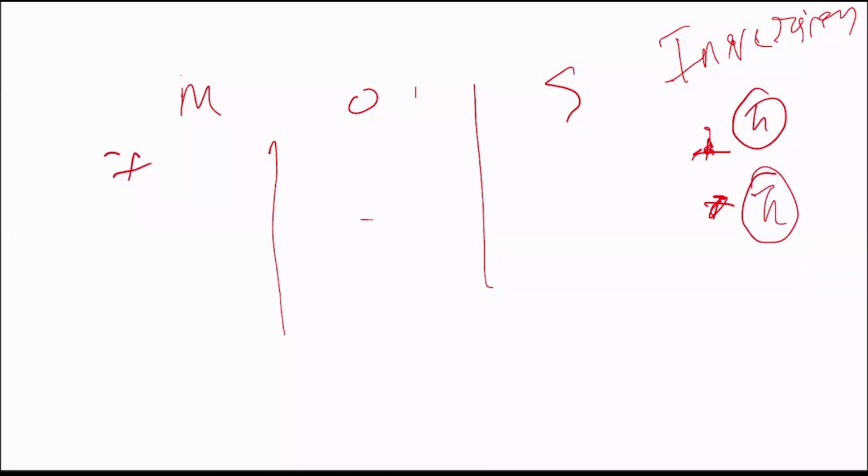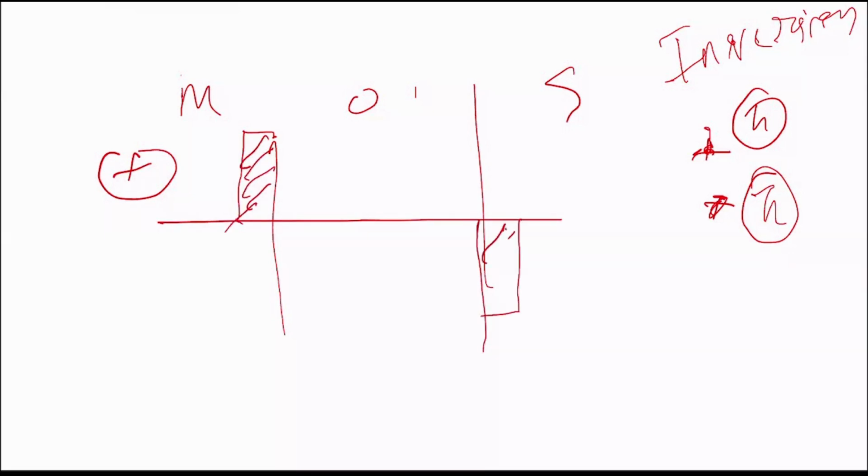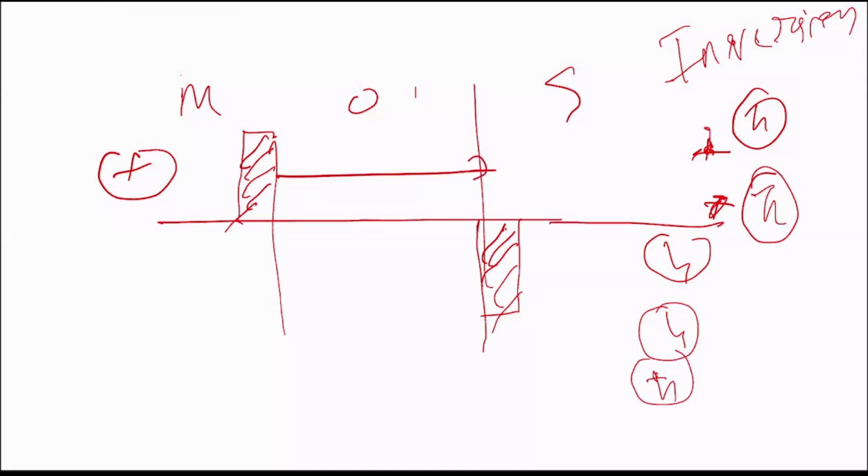But when we apply positive charge here, what happens? We have positive charge in the metal layer here. We have negative charge ions here. Also, we have positive charge holes here, right? So do we have one single capacitance here? No, we have two capacitances. One is the oxide capacitance and another one is the depletion layer capacitance, because there is a separation of charge here as well.